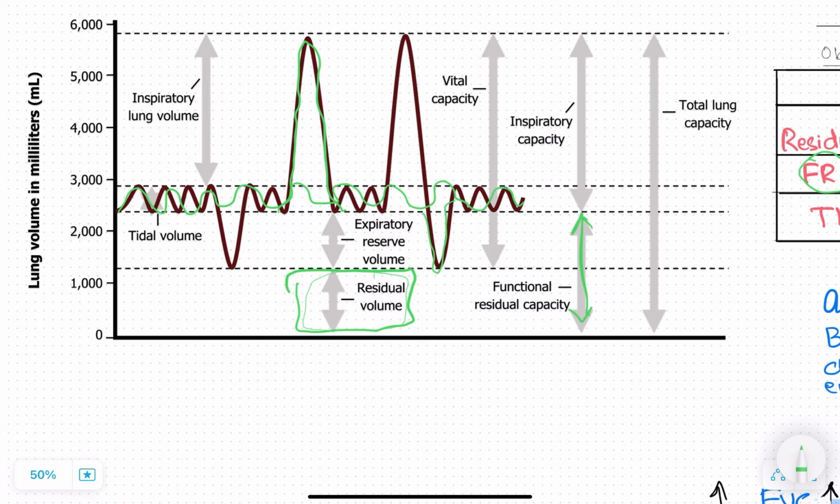So the functional residual capacity would be the air when the patient is breathing at the rate of the tidal volume, inspiring and expiring the tidal volume of air, and this amount of air, which is the functional residual capacity, remains in the lungs of the patient.